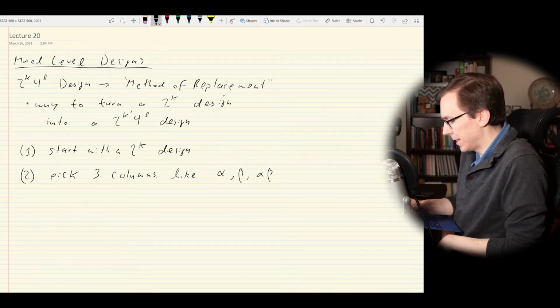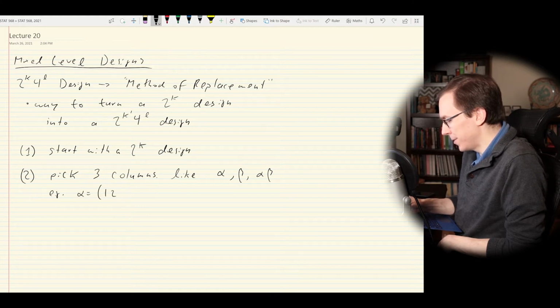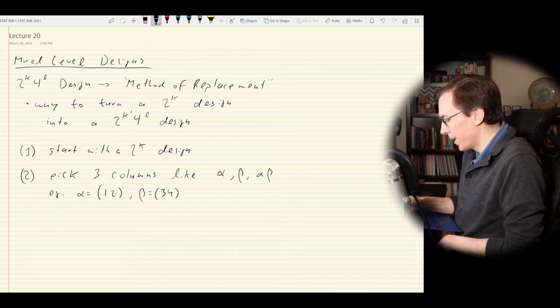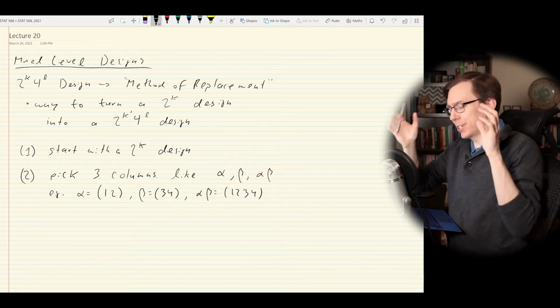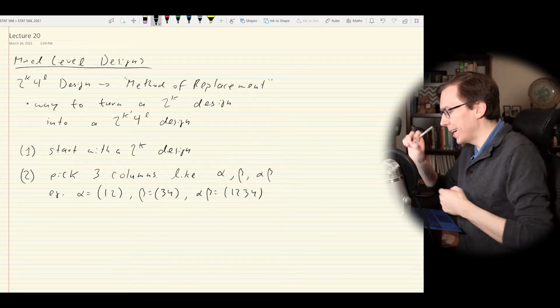Maybe I'll give an example. For example, we could pick something like alpha is equal to 1, 2, and beta is equal to 3, 4, and then alpha beta would be the 1, 2, 3, 4. So those would be the 3 columns: a 2-way interaction, a 2-way interaction, and a 4-way interaction.